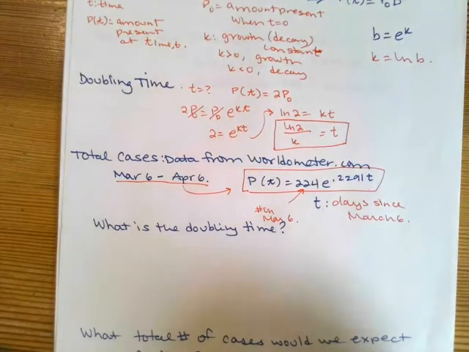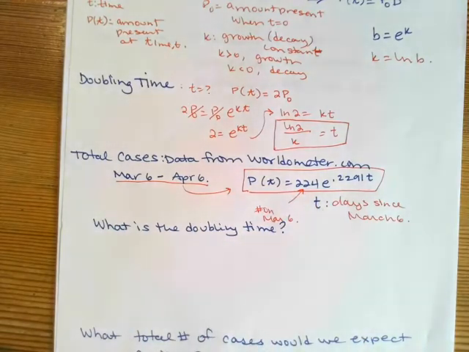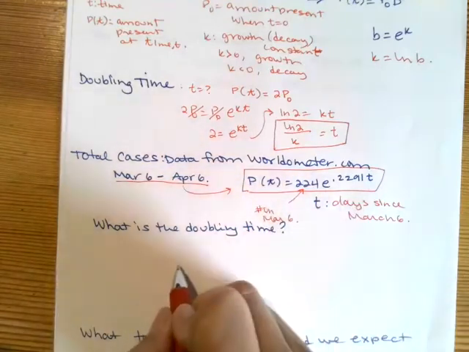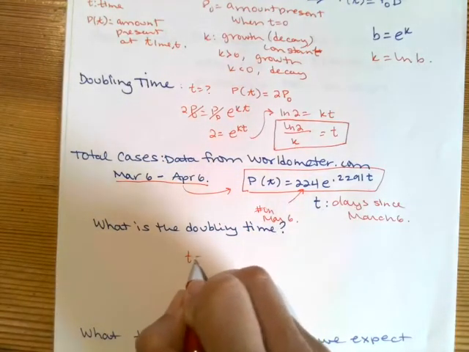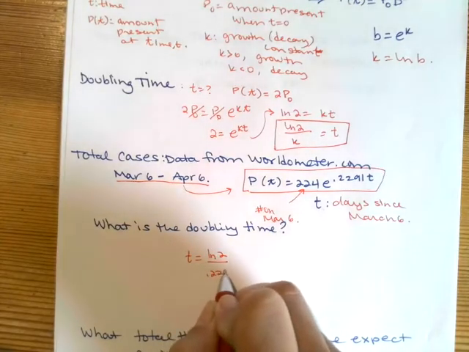What is the doubling time going to be? How long should it take us to go from 224 to 448? We could solve for 448, or we say the doubling time is equal to the natural log of 2 divided by k, which is 0.2291.